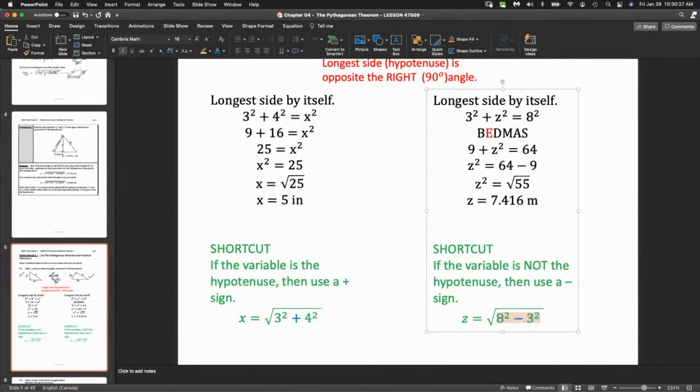Can someone in the chat let me know, why don't I worry about that? Why is this not really an issue about which one goes first? Why is it easy to figure out which one to put first? Let me know in the chat. Why is it easy to figure out which one of these 2 numbers has to go first?